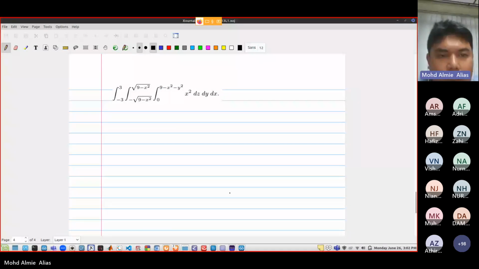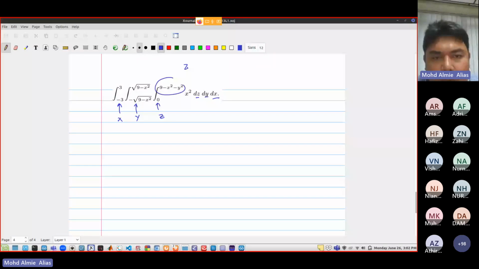This is our z, this is our y, and this is our x. This is z equals 0, and this is z equals 9 minus x squared minus y squared. So you know that this is a paraboloid.